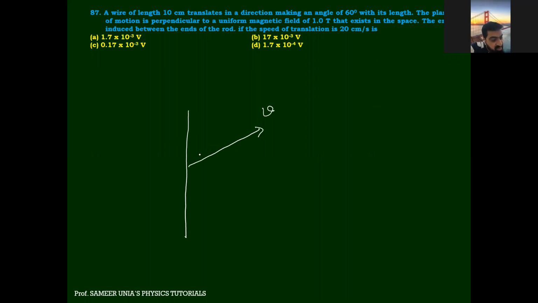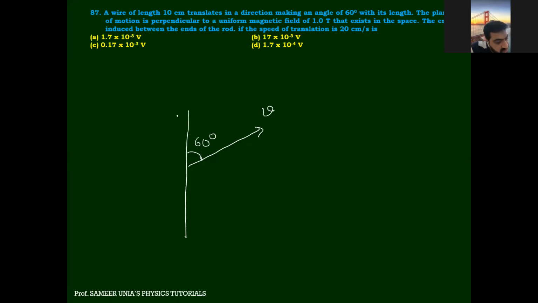The plane of the motion is perpendicular to the uniform magnetic field that exists in the space.